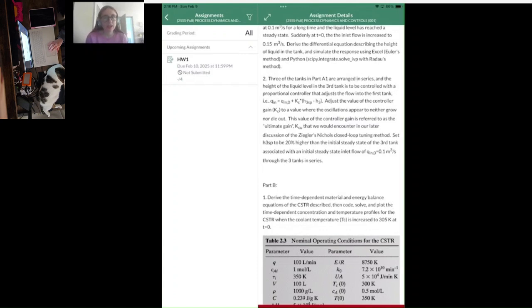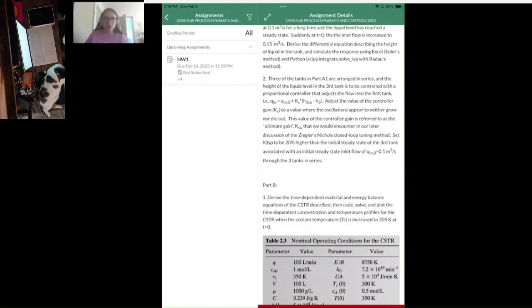We'll encounter that in our later discussion, so we don't really have to focus on that right now. But we set the height 3 set point to be 20% greater than the initial steady state of the third tank, associated with the initial steady state of the inlet flow of Qn naught equal to 0.1 meters cubed per second throughout the 3 tanks in series.